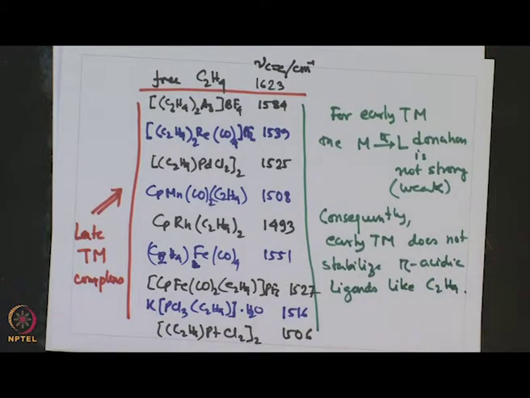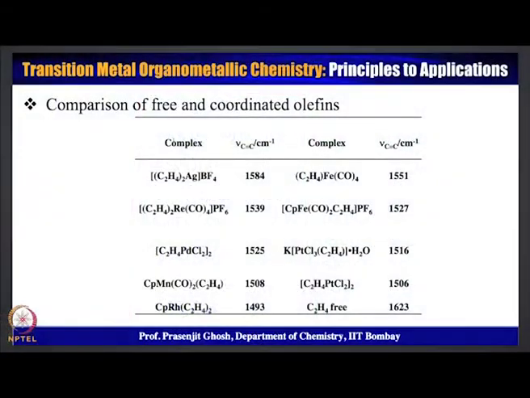So, that is a very interesting observation in the sense that in absence of the metal to ligand back donation, it is very difficult to have a transition metal olefinic complex. So, just simple sigma donation from the ligand to the transition metal is not sufficient to stabilize olefinic complexes, and the metal should be electron rich enough to participate in metal to ligand pi back donation, otherwise the olefinic complexes would not be stable. That is the second observation.